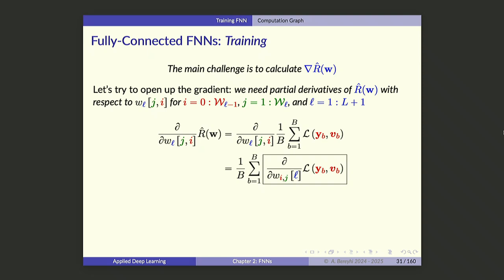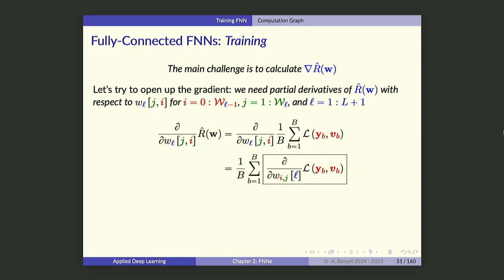Because I compute that gradient, then I change the sample and label, compute the gradient again, and so on. And once I have all of those gradients, I average them, right? Correct? So if you are able to compute this partial derivative for every single sample, then the gradient of your empirical risk is going to be the average of those gradients, right?